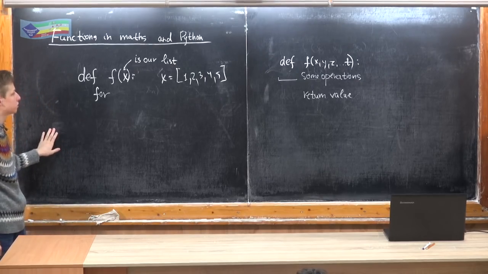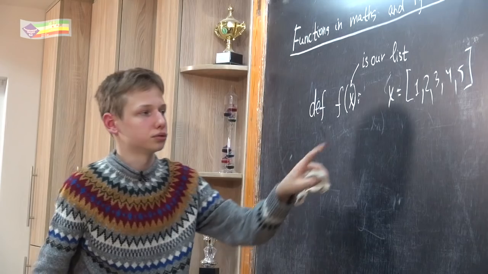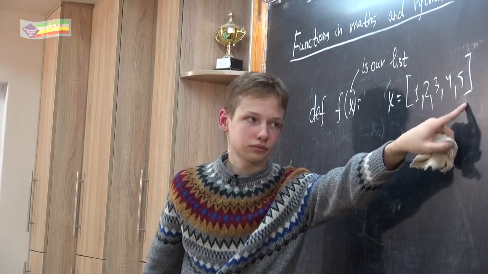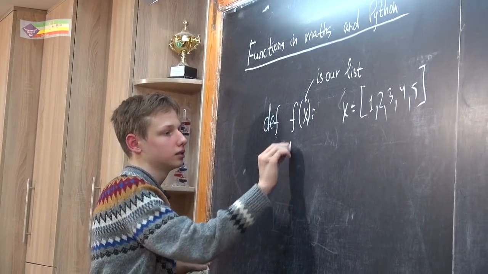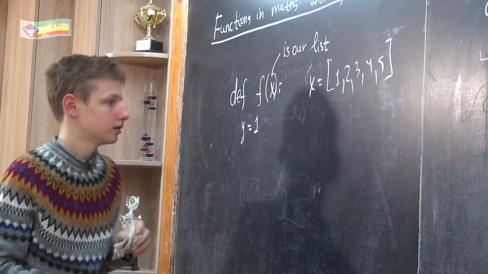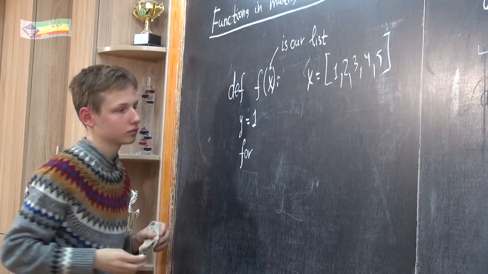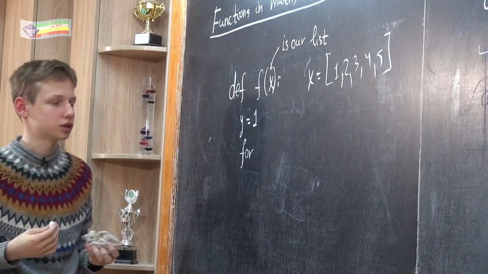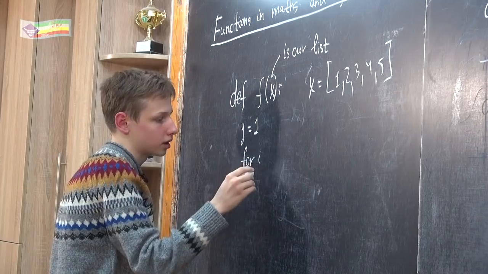So now we want to multiply all our elements. So let's assign some value 1 that we will return later using return. And now, because we have so many elements, we can just use loops to do the job for us.